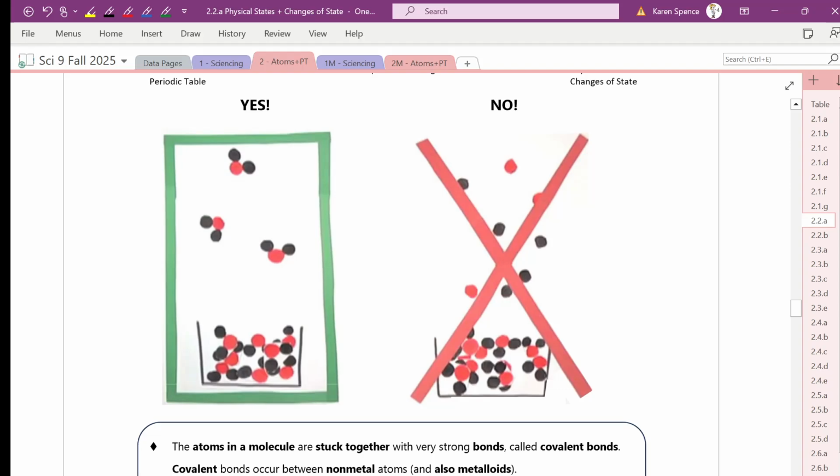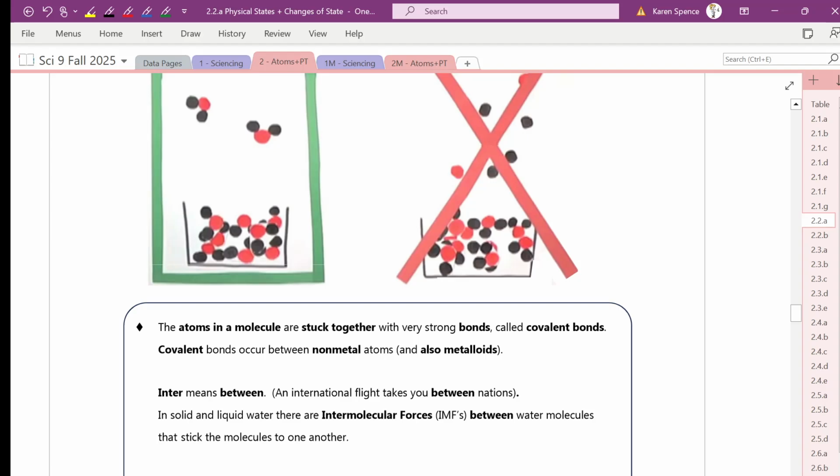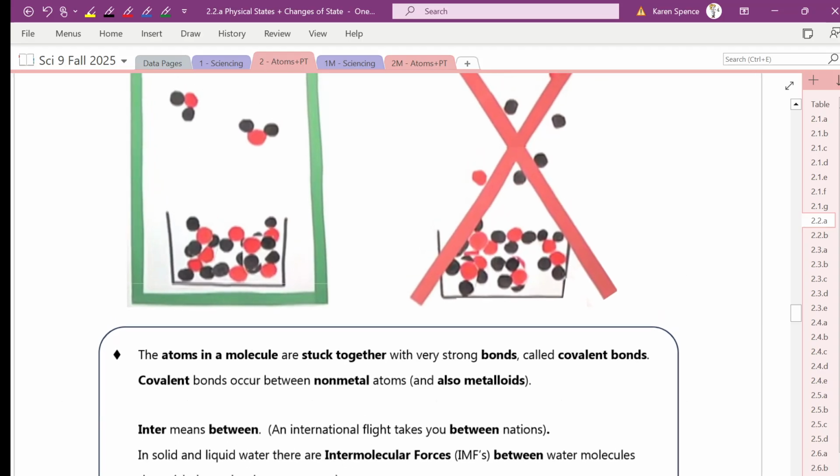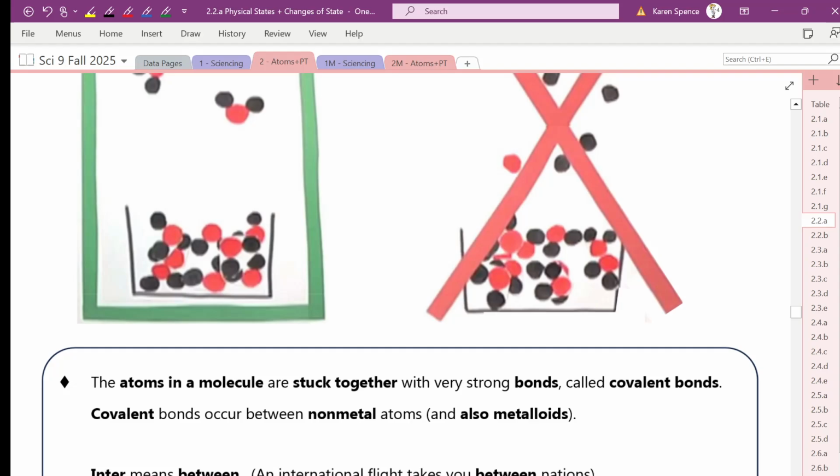Okay, then we have our little picture. Now, this is a little bit of enriched stuff, but I'm going to let you do it along with me here. The atoms in a molecule are stuck together by these really strong forces called a bond.